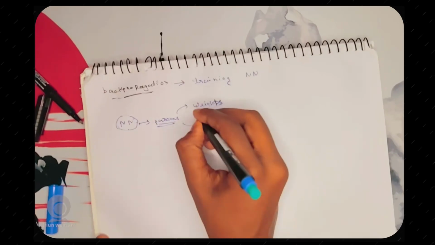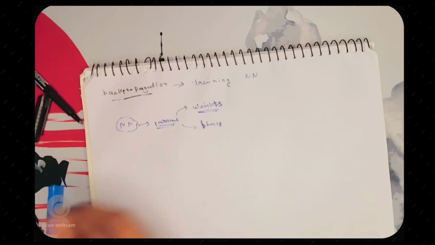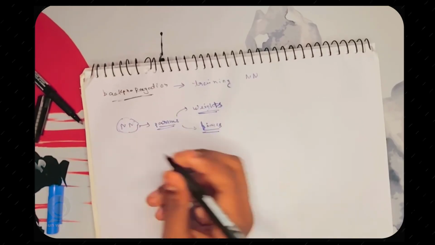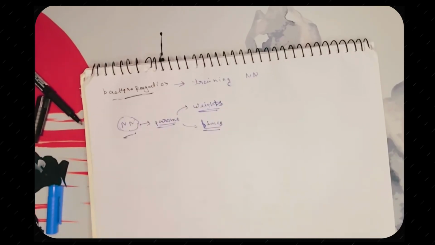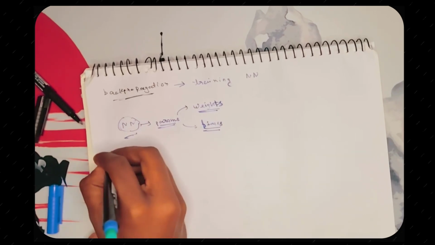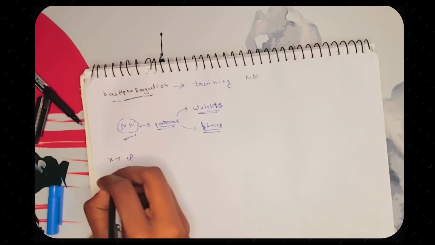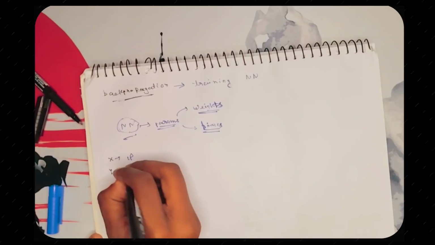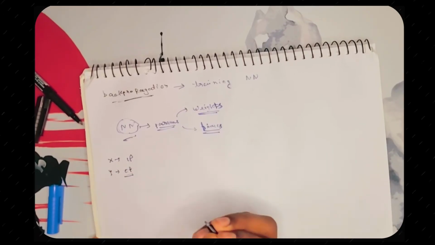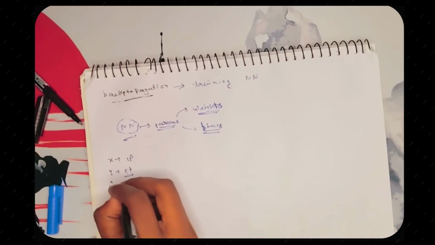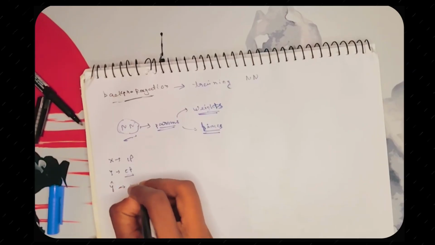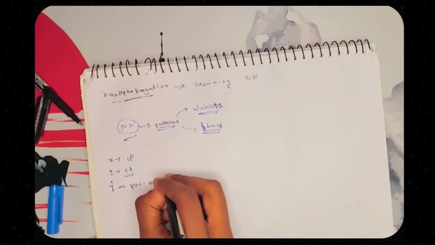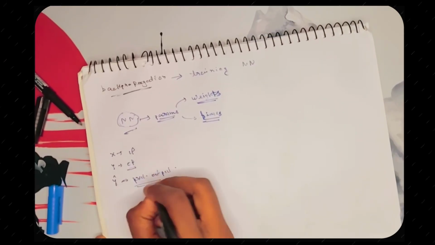So our neural network has these weights and biases, and together they form this neural network. Alright, now let's say my X is my input, my Y is my actual output, and my Y hat is my predicted output.